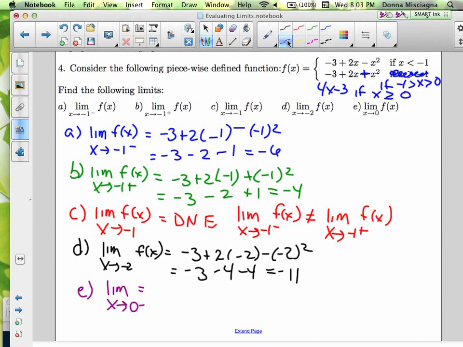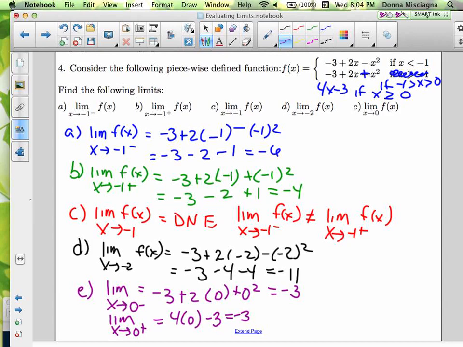From the left-hand side, we plug into the left-hand function. That would be negative 3 plus 2 times 0, plus 0 squared, so that's just negative 3. We plug into the right-hand side, as x approaches 0 from the right, and we get 4 times 0 minus 3.